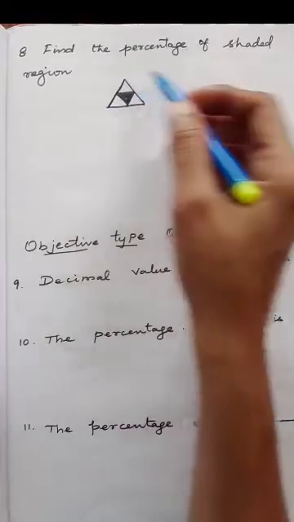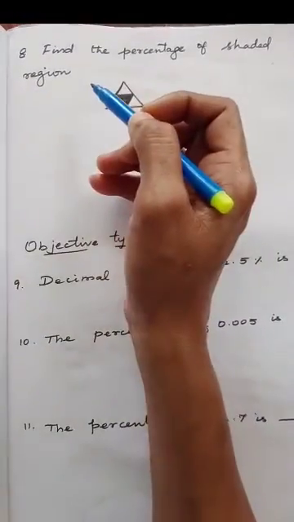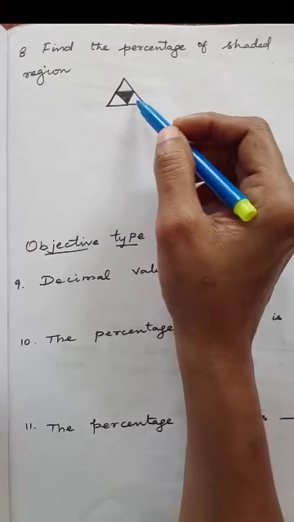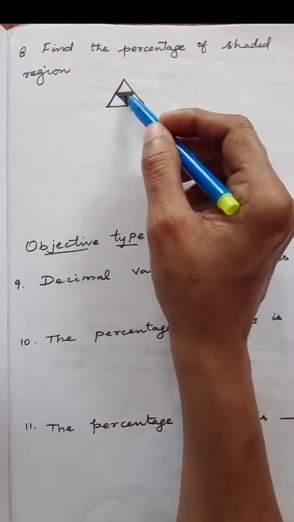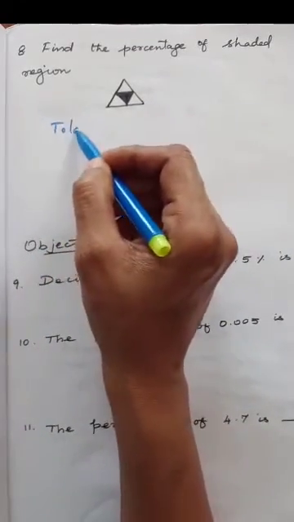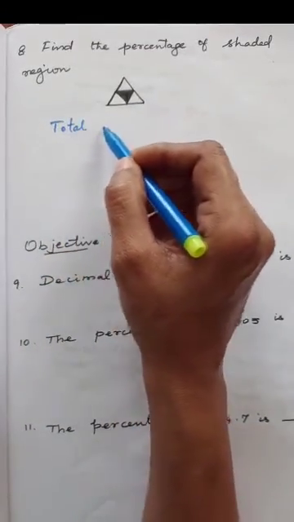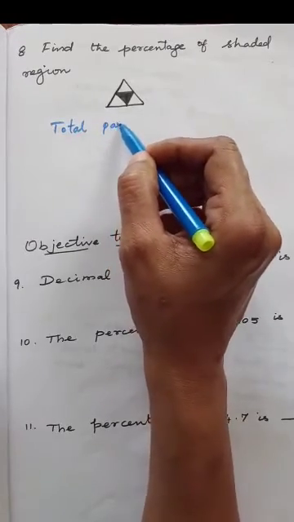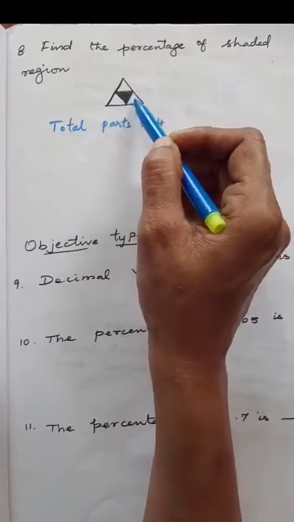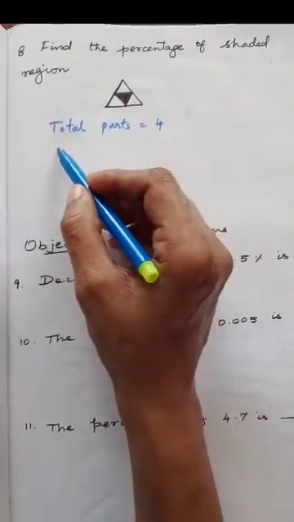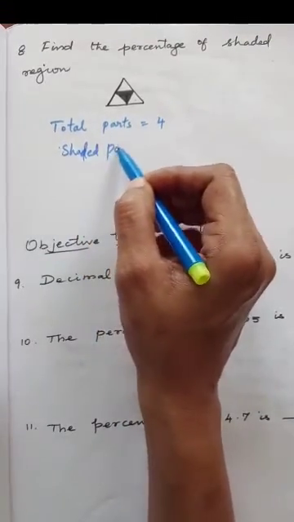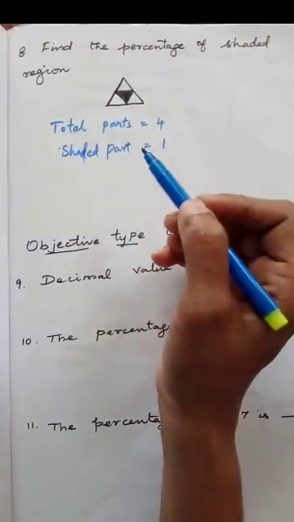Then 8th problem. Find the percentage of shaded region. Here there are 1, 2, 3, 4 parts. Total parts is equal to 4. So in that 1 is shaded. Shaded part is equal to 1.